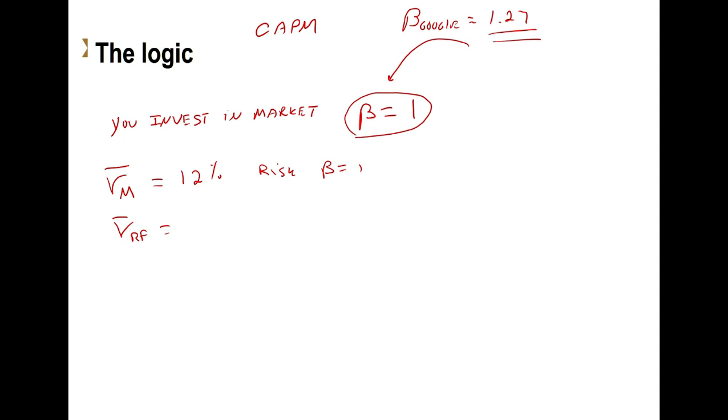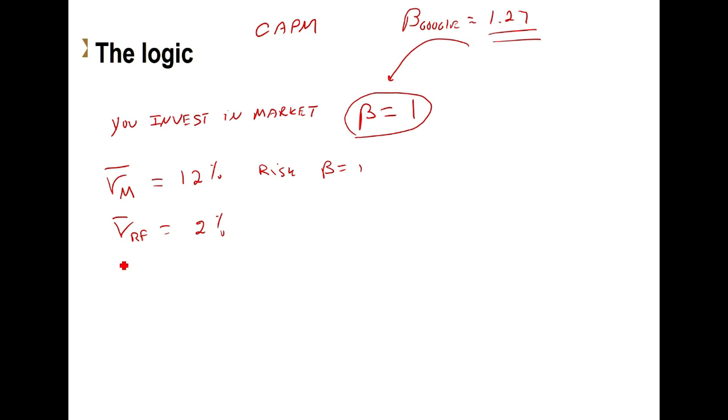If your government is not safe, if you don't feel that's a risk-free investment, then you could take as a risk-free rate the yield to maturity of a AAA-rated multinational company in your country, which could be borrowing at a rate that's actually lower than the country rate. So we can always find a risk-free rate. But in my case, let's suppose that on average, the risk-free return would have been around 2%. For the past 40 years, if you had invested in a government bond, you would have earned, let's say, 2% return, and that's without any risk.